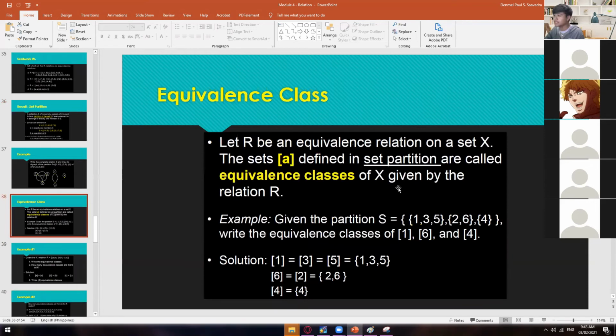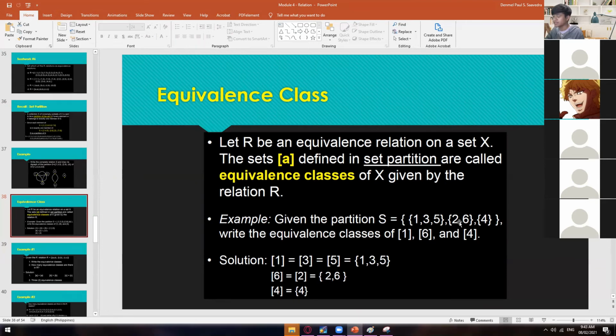So for equivalence class, okay, we will list all of the possible elements, or let's say students. Okay, so under class we have students. So we have this certain class 135, and then it has students of 3 elements, the 1, 3, and 5.